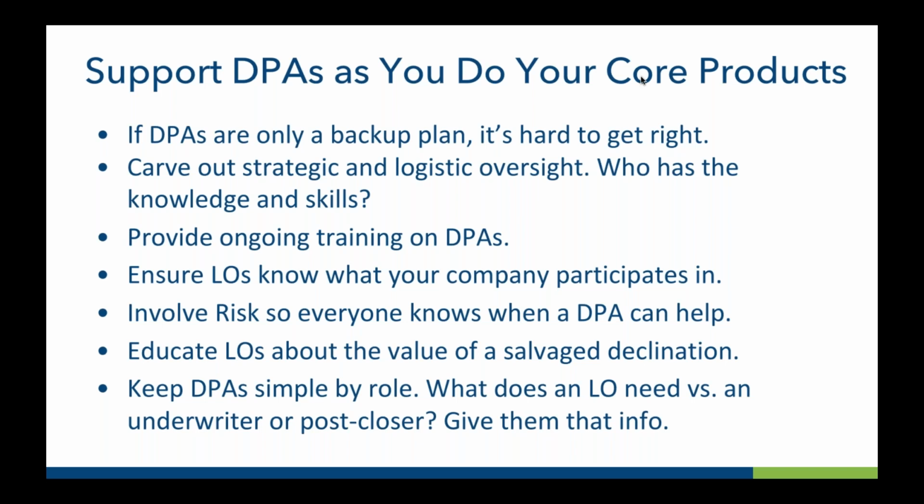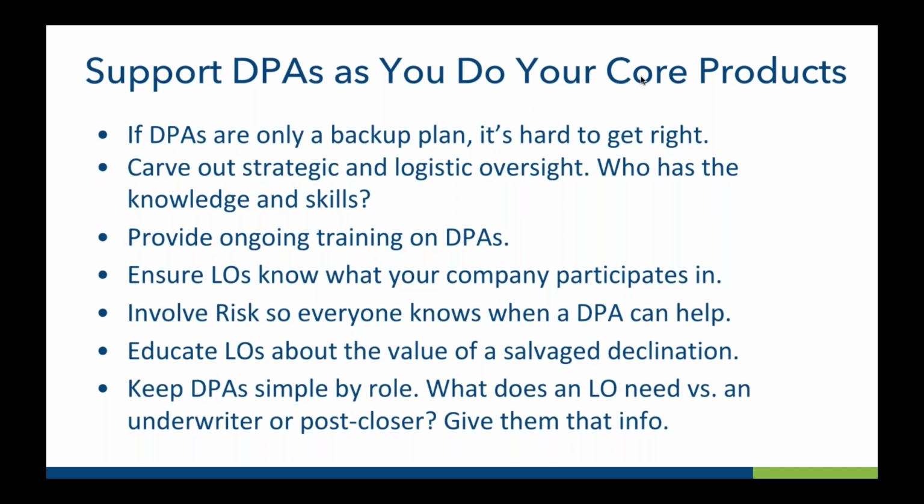So, what we hear from the field is carve out both strategic and logistic oversight. What is the strategy? What are our goals from a product mix perspective, an origination volume perspective, whether that's units or dollars? Are there certain markets or branches or referral partners with whom we want to review our product mix and get it right?